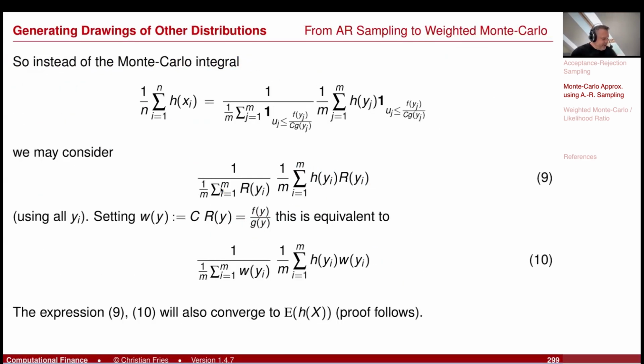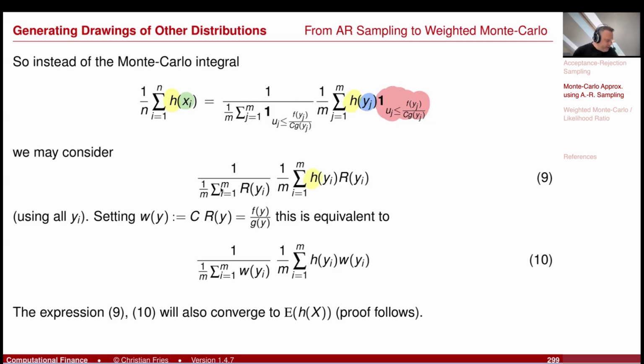Okay, so instead of having here my Monte Carlo integral, apply h to your xi, where xi is generated using acceptance rejection. So that means I apply h to yj and have a certain indicator function here. I could also just use all the points. So I apply h to y.